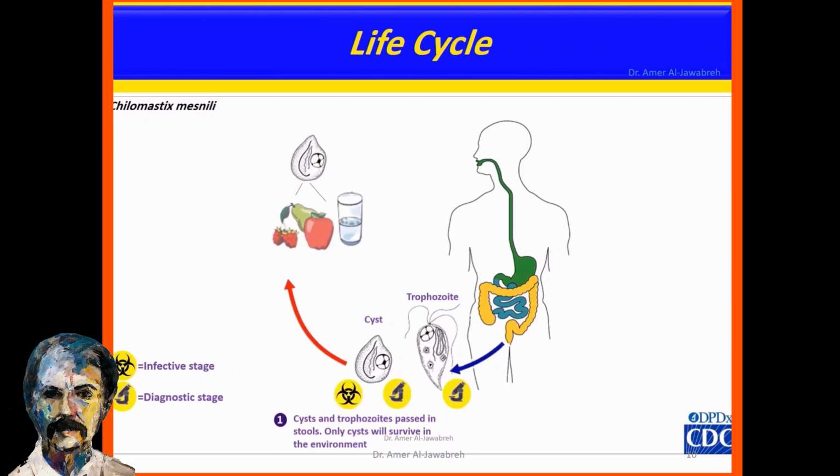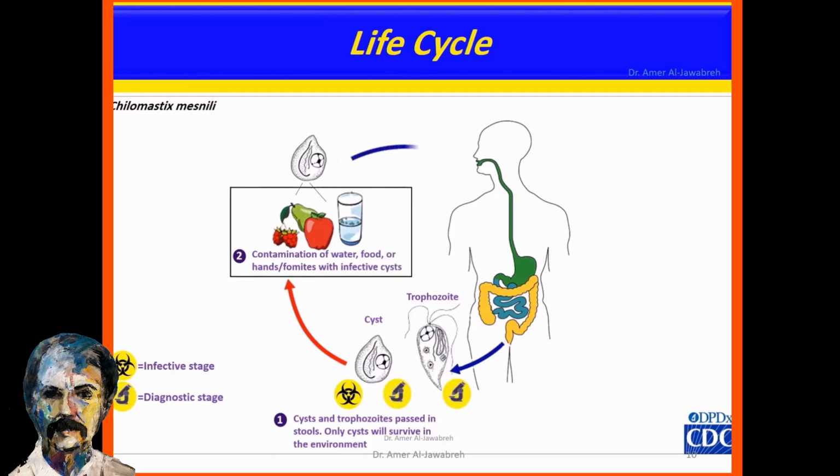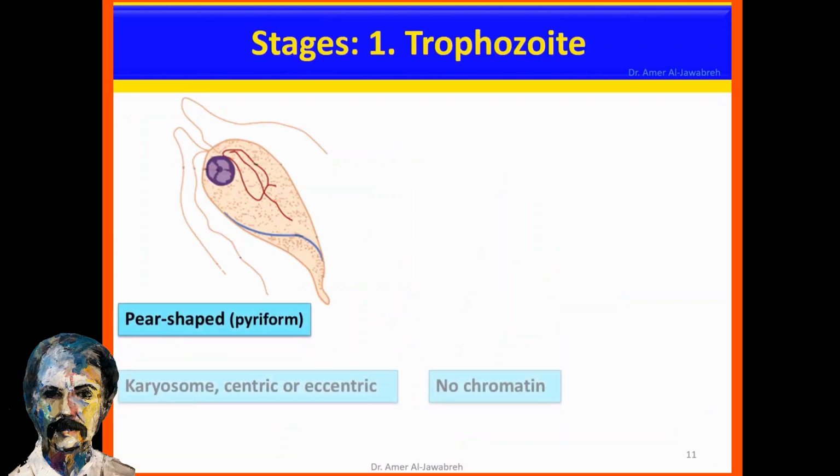So if your food is contaminated with this cyst and your water as well, then most probably you are going to get this infection. So just oral fecal by ingestion, you get the cyst inside through the mouth, esophagus, and then stomach, and then to the intestine. And it's a non-pathogenic colonization. It stays there without doing any harm.